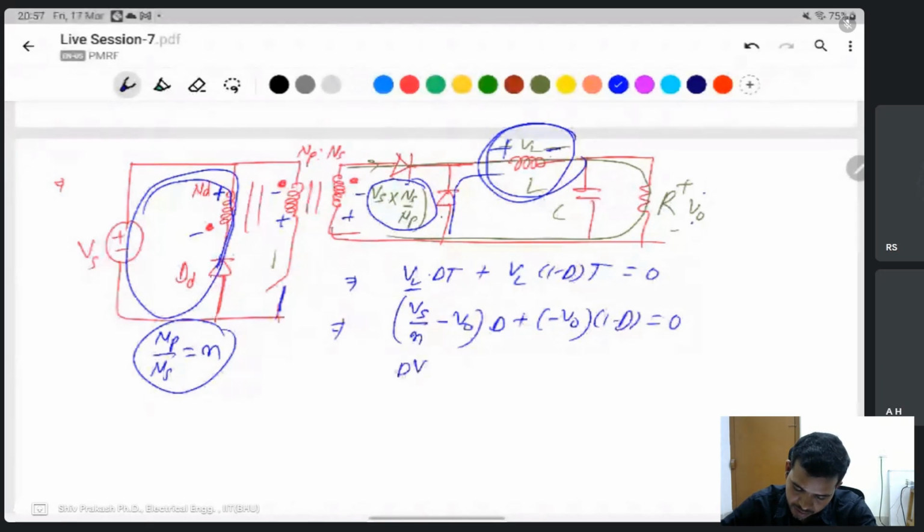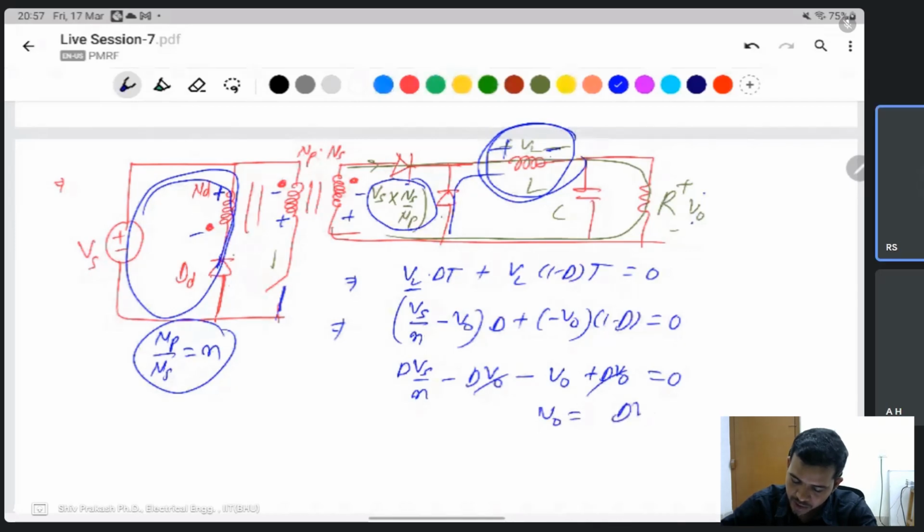Then dVs by N minus dV0 minus V0 plus dV0 is equal to 0. dV0 cancels out, so V0 is equal to dVs divided by N.